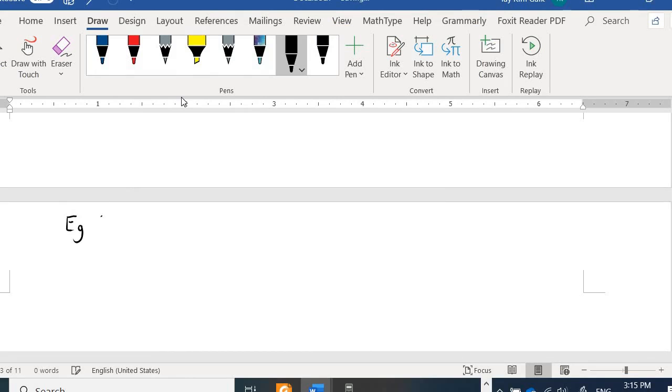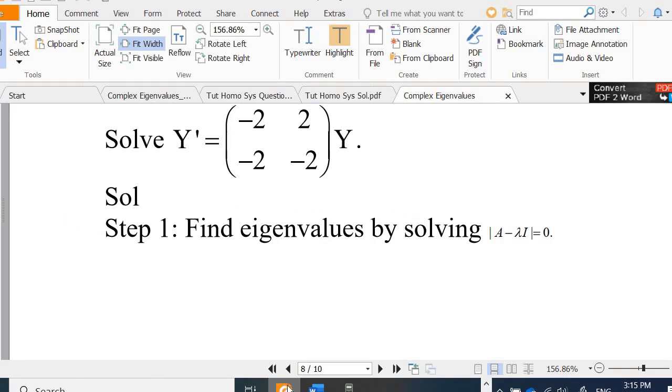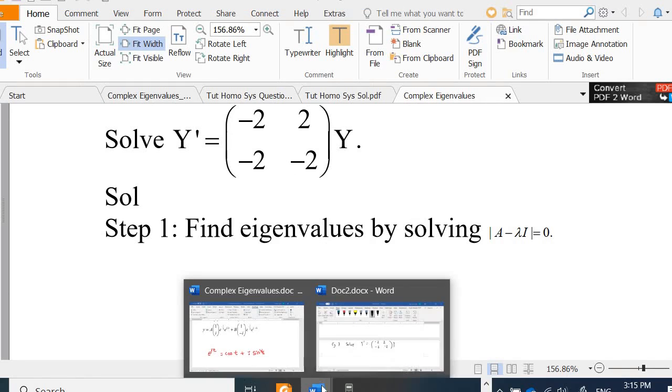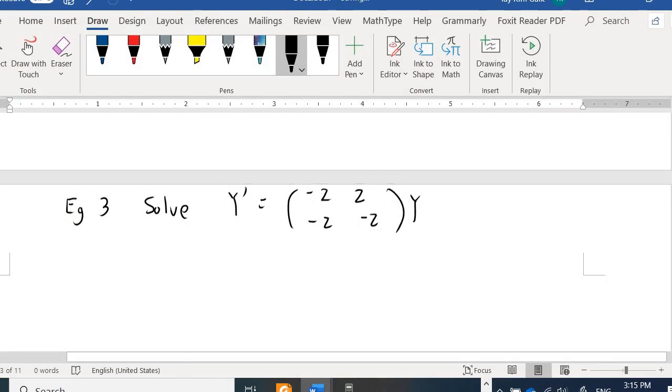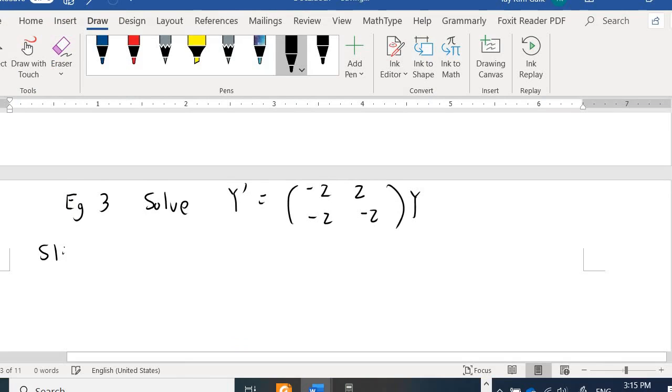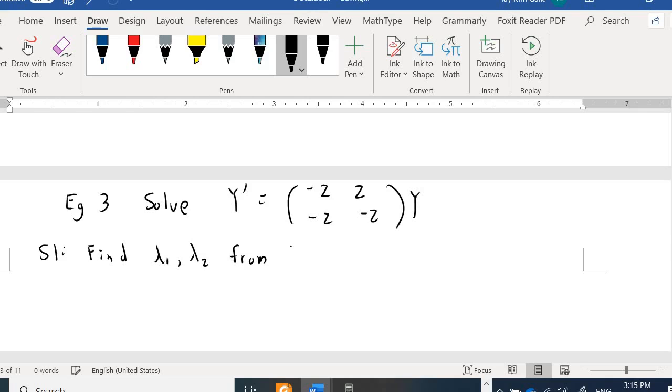So this is example 3. We want to solve y prime equal to the matrix negative 2, 2, negative 2, negative 2 times y. So again, first step, you find the eigenvalue. Find lambda 1, lambda 2, from determinant of A minus lambda I equal to 0.